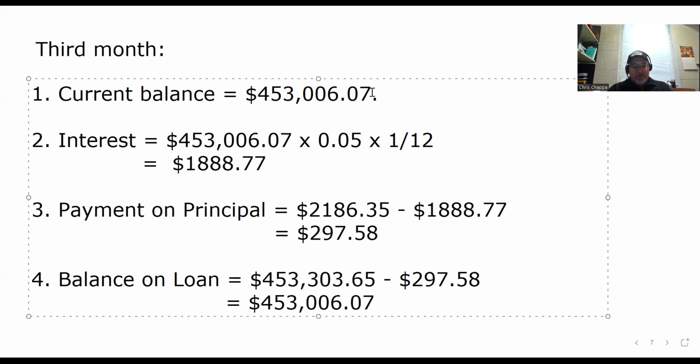That number times 0.05 times 1 divided by 12 to the nearest cent is $1,887.53. Okay, so this is the interest that the bank's going to take out. And so that number goes here. And now let's see what our new payment on principal is.